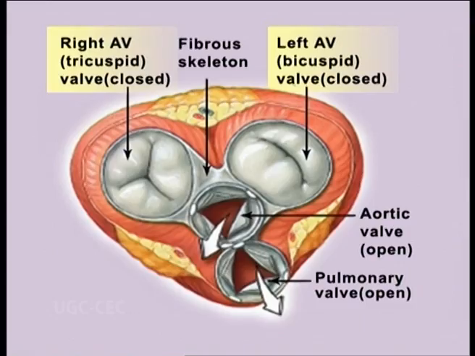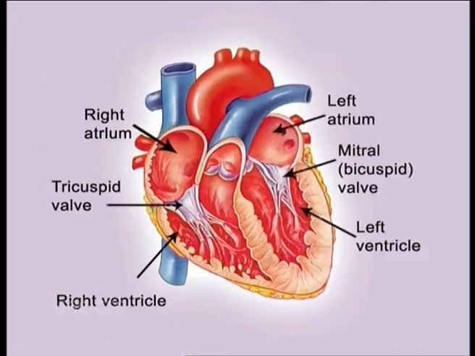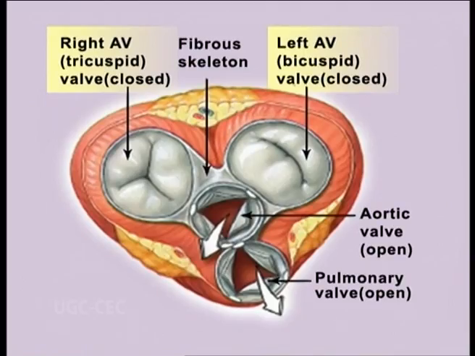Now, let us go into the details of the tricuspid and the bicuspid, that is the ones that are present in between the auricles and the ventricles. If you refer to some other book, they might be addressed as auriculoventricular valves or AV valves.